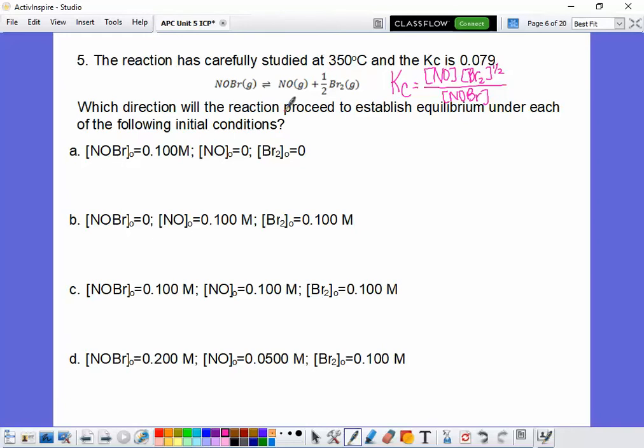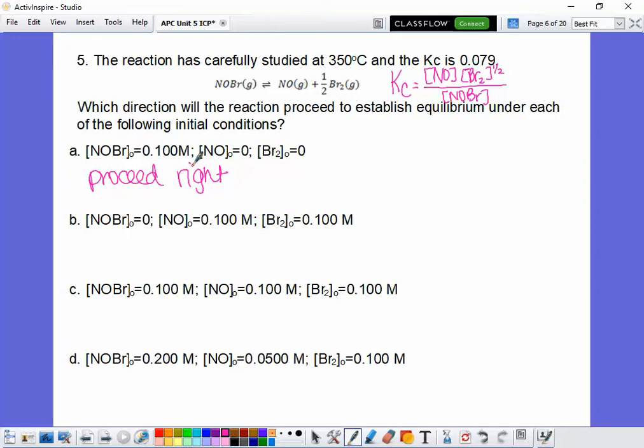Therefore, which way do you think the reaction will proceed in order to reach equilibrium? It's going to have to go towards the products. We're going to have to make some products, right? If we have none of these, we've got to make some, okay? So it's going to proceed right, or you could say towards the products, however you want to say it. But it's going to have to make products in order for this reaction to reach equilibrium, okay?